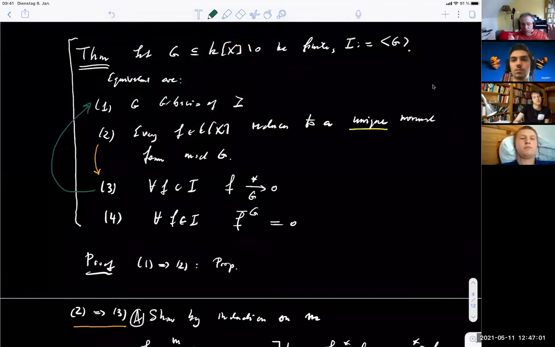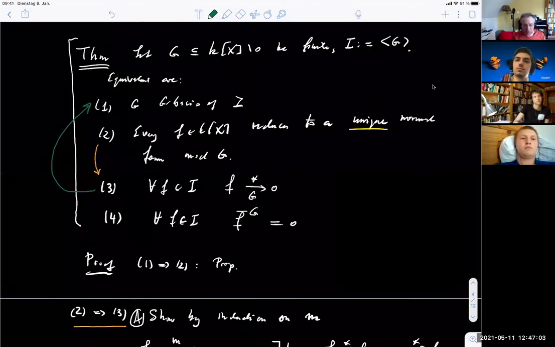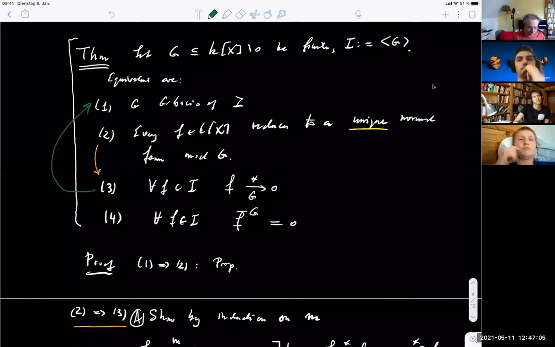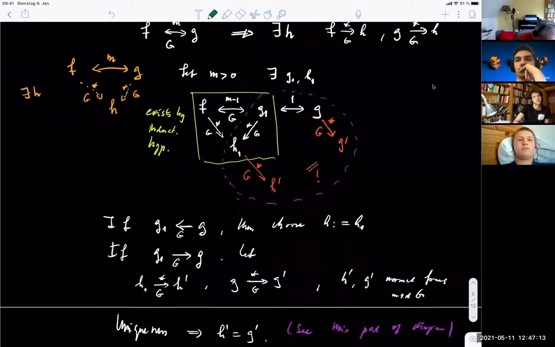So I first show the equivalence of 1, 2, and 3. The 4 I do at the end. So I assume every polynomial in the ideal reduces to 0, and I want to prove then G is a Gröbner basis.